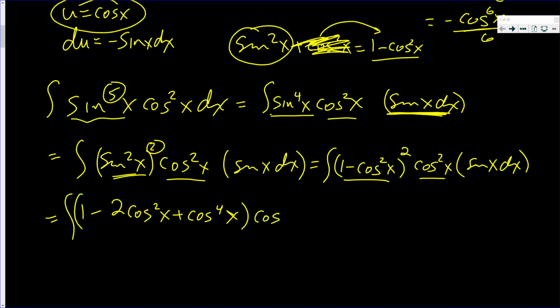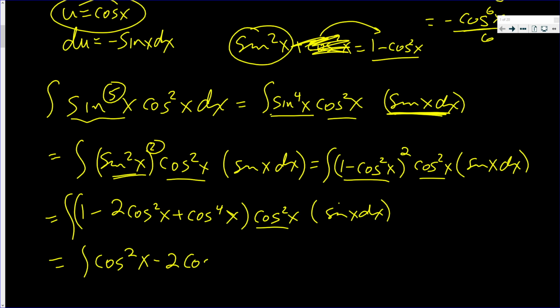times cosine squared x times sine x dx. Okay, distributing this cosine squared x, I get cosine squared x minus 2 cosine to the 4th x plus cosine to the 6th x times sine x dx.